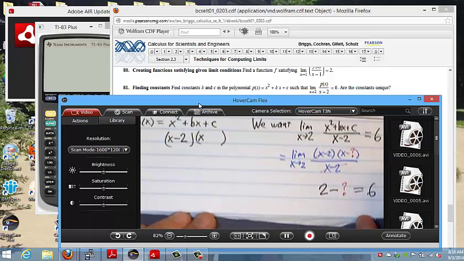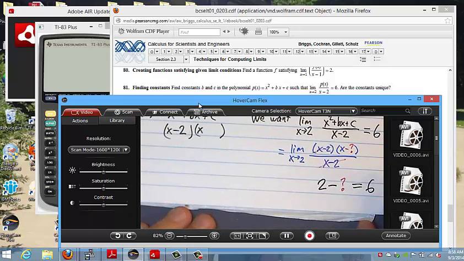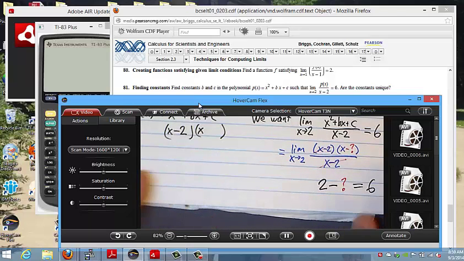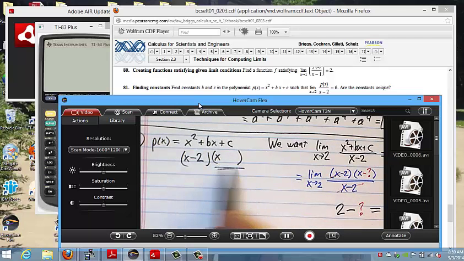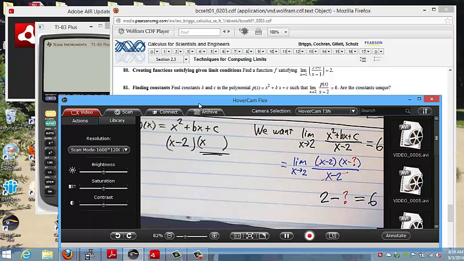I would say you have enough information at this point, right? You could figure out what the question mark is. Once you know that, you can come back here, figure out what that is, and you can figure out what b and c are. Okay? I think that's enough info for that one.